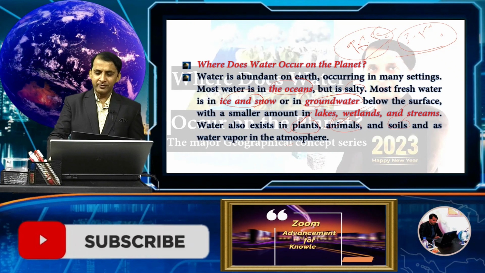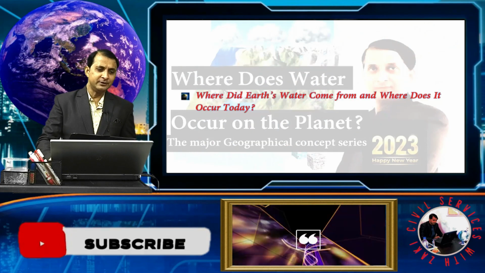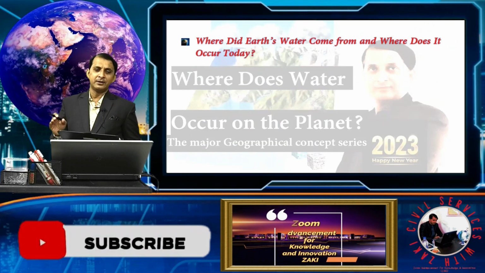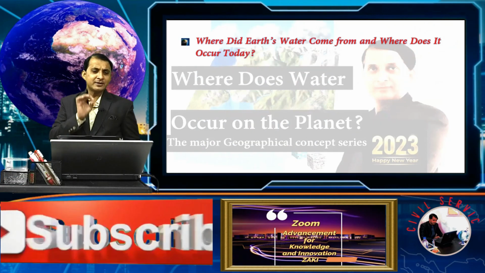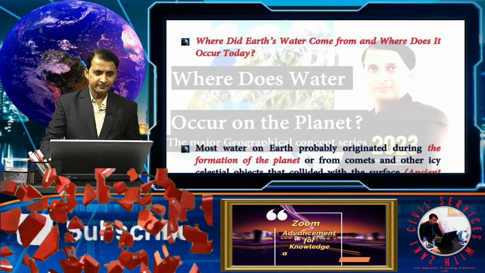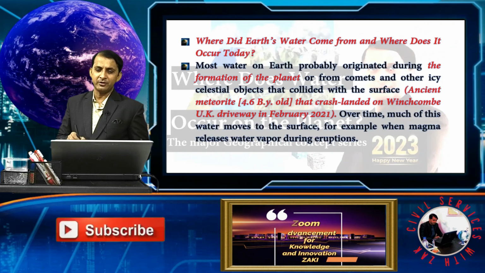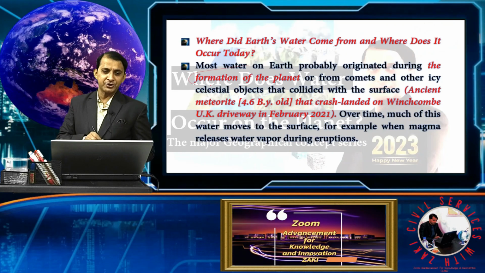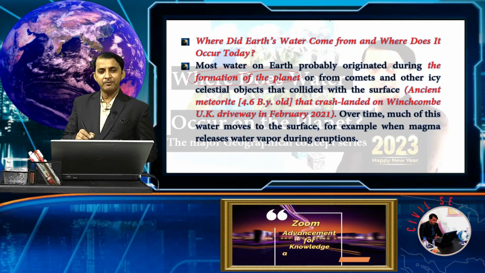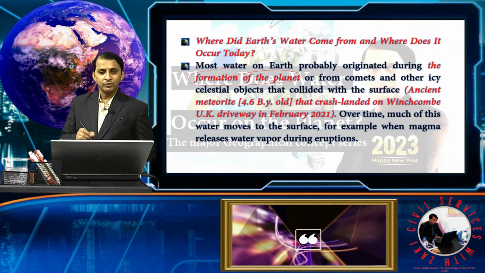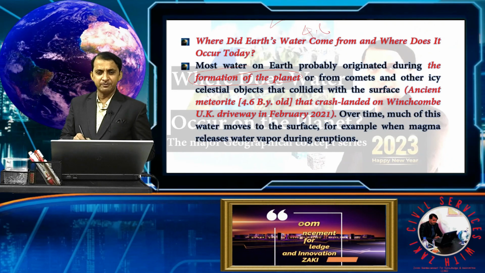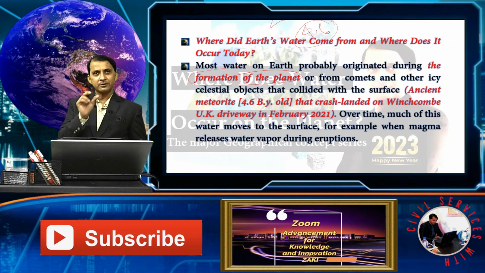So we move forward and see where Earth's water came from and where it occurs today. See here, basically most water on the Earth probably originated during the formation of the planet. It means about 4.6 billion years ago when our Earth formed.